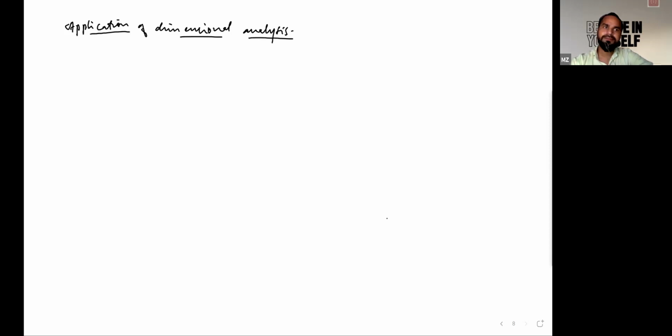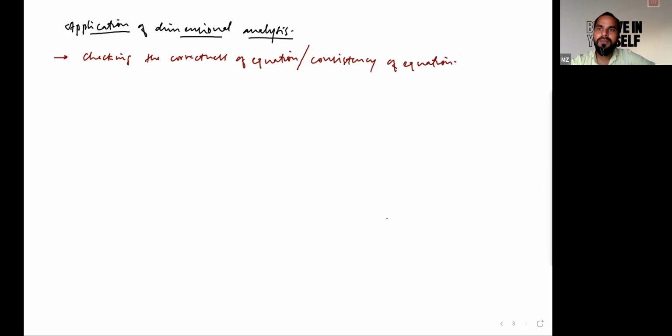In this particular part, the first application is checking the correctness of an equation, or we can say the consistency of an equation. What does this particular term actually mean? By the help of dimensional analysis, we can easily analyze any physical equation, whether it is correct or not.